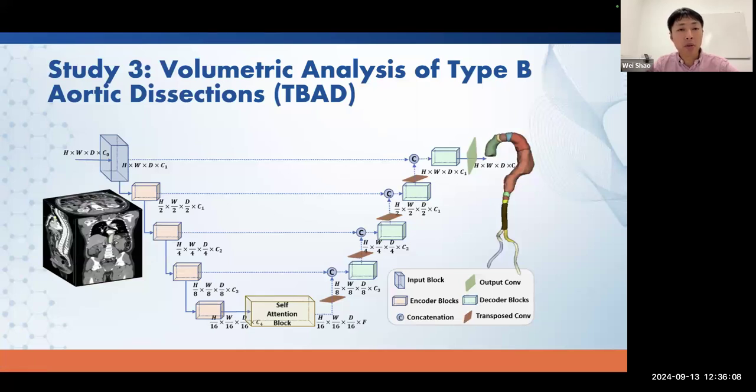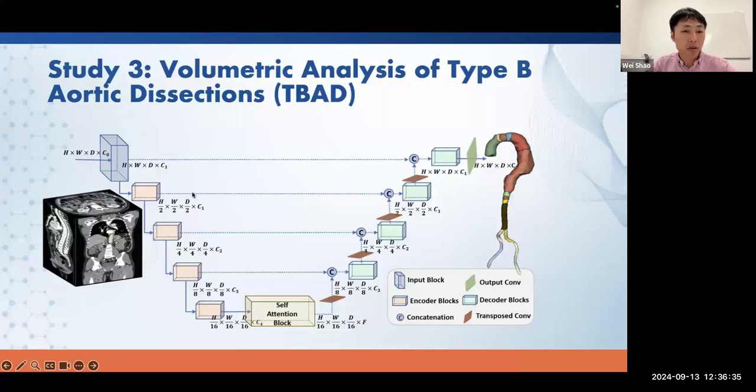At this moment, there's no official guideline or data to guide the choice of the optimal treatments for patients with aortic dissection. But if we could develop an AI model that can predict the progression of the disease, it will be really useful information to help the clinicians make a better decision for the treatment plan.